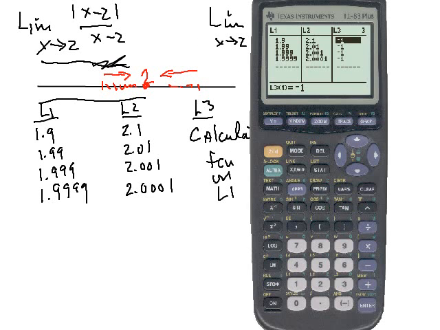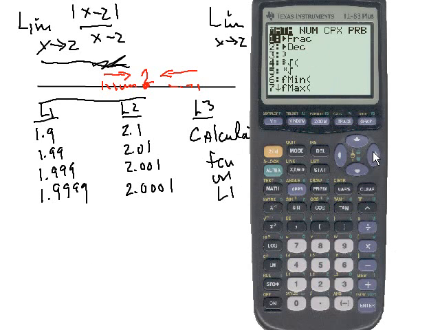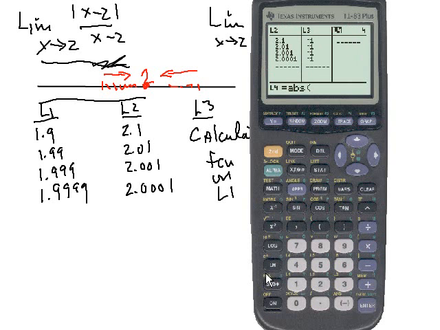Okay, now let's go back and take a look at the second argument here. So now I would want to put in the same value. So I go up to the heading here, and now I want to put the values of the function in. So under math, go over 1, hit enter, and now I want to put in the second list. Well, the second list is second 2 and minus 2.